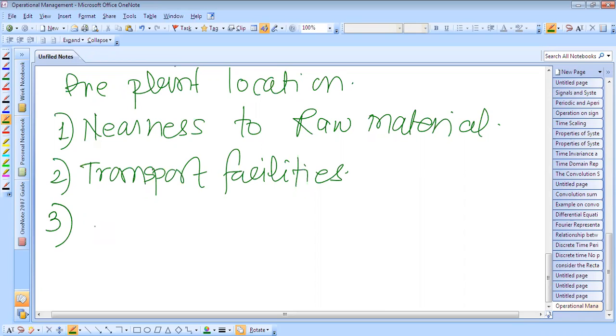Once it is purchased, we have to bring that raw material to the plant, so the distance should be very small, so that the transportation cost will be low and the overall production cost of the finished product will be less. So the transportation facility also affects your plant location. Okay, so next is the nearness to market.